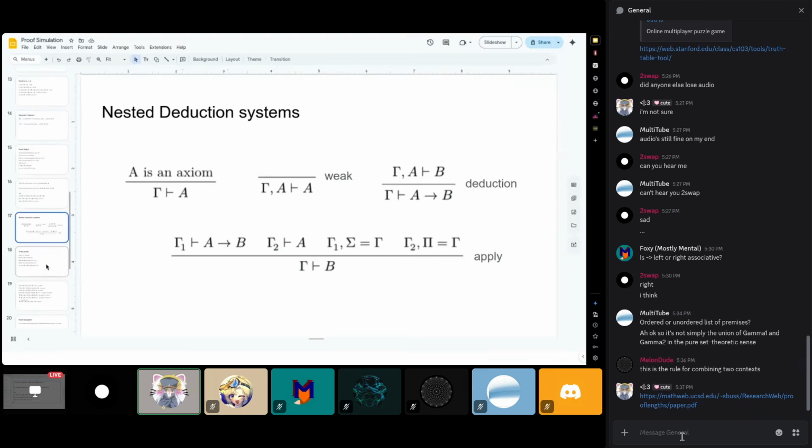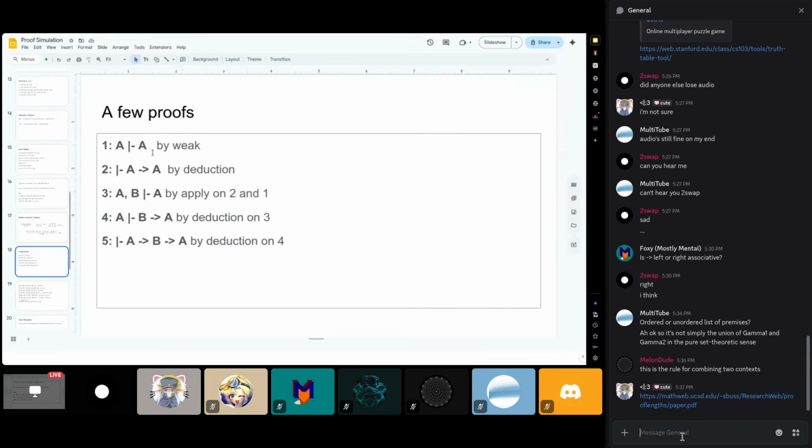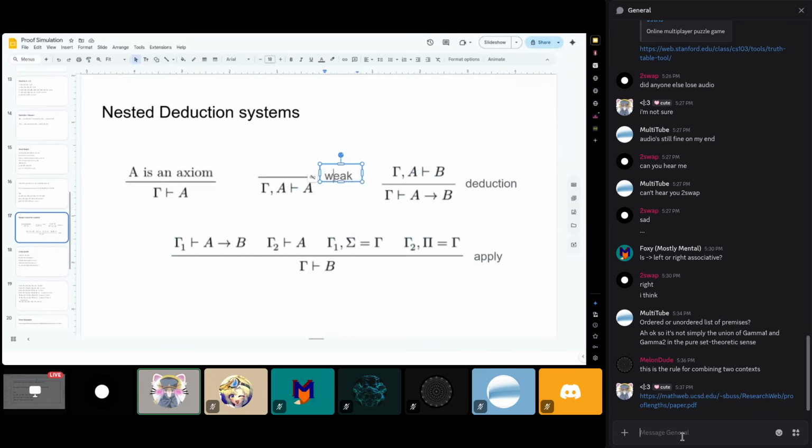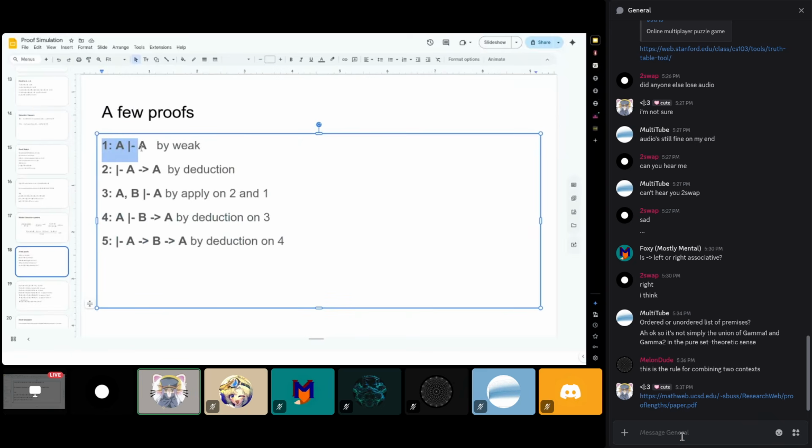Maybe an example. So here's a proof. This is by the weakening rule. I don't know if I named that correctly. It might just be the strengthening rule. I don't remember.